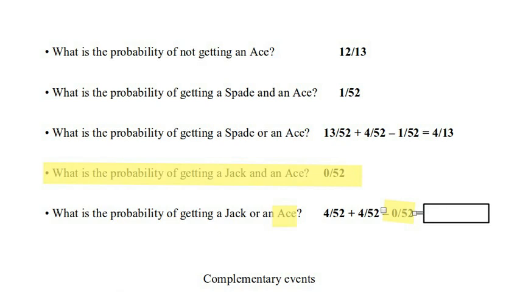In the previous OR question, we had to subtract the probability of being a spade and an ace. Here, the probability of being a jack and an ace is 0/52, but I'm showing that just for consistency's sake. So now let's go through and do the arithmetic. 4 and 4 is 8, take away 0, still 8, so 8/52. And then, of course, when we simplify 8/52, we get 2/13.